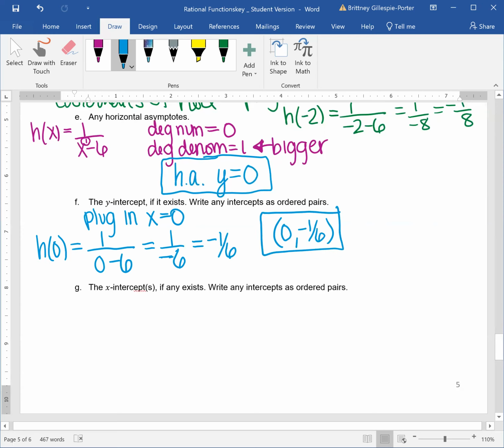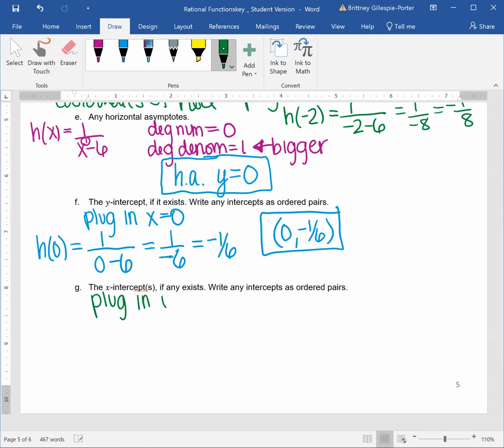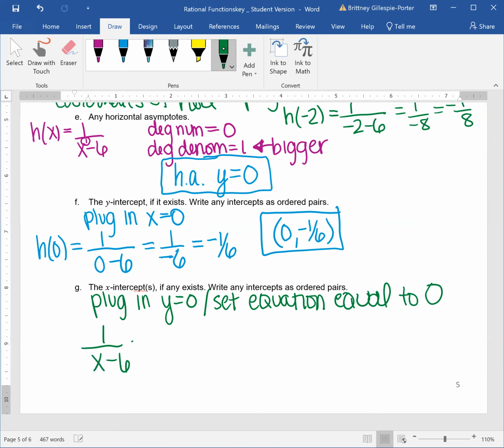Remember, for our x-intercepts, we plug in y equal to 0. But that also means that we set our equation equal to 0. So set our equation 1 all over x minus 6 equal to 0. But remember when I said we could multiply by the denominator to clear it out?